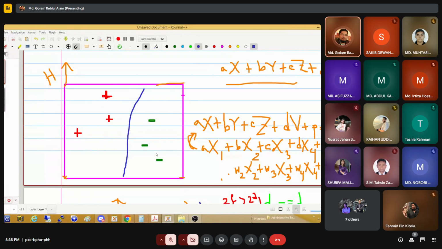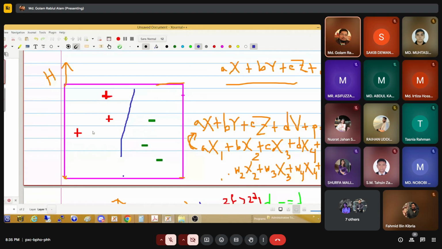This is our hyperplane, actually a straight line. From each and every data point we have to find the perpendicular distance.